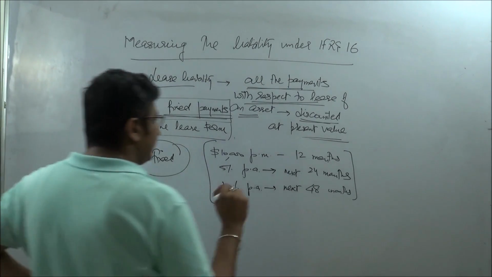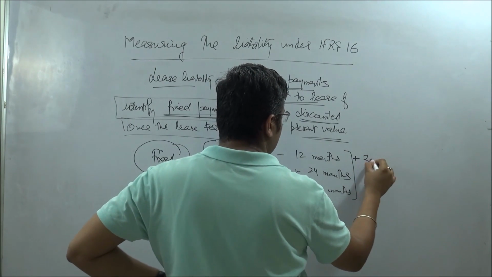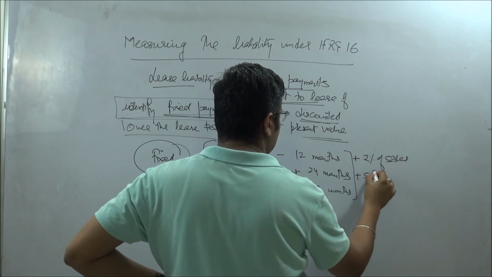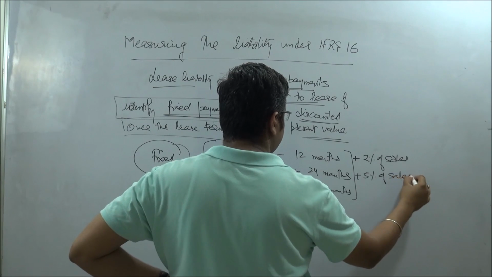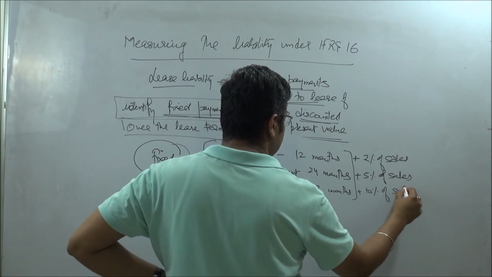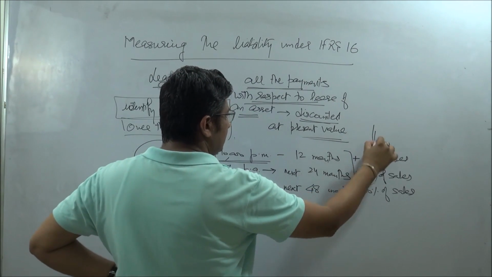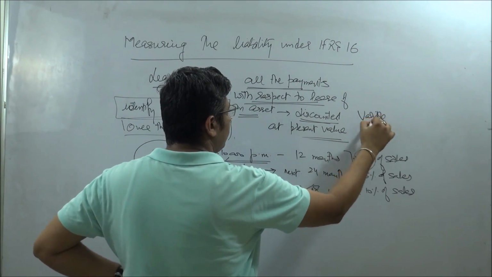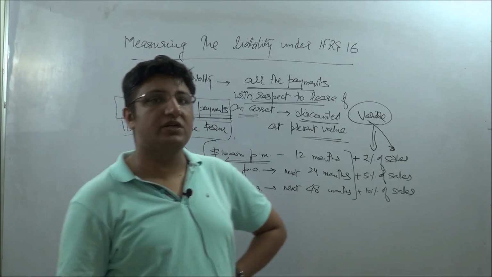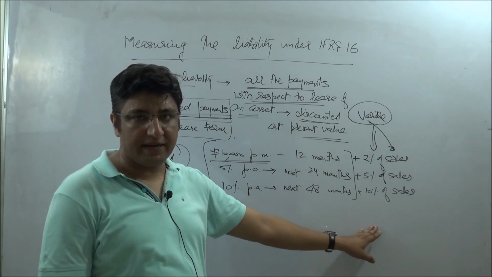But if I say that there is $10,000 per month plus, let's say, 5% of sales in the next 2 years, and let us say, for the sake of it, 10% of sales in the next 4 years, this component is essentially variable and dependent or contingent on the sales, right? It could be a percentage of profits as well, does not matter, right?